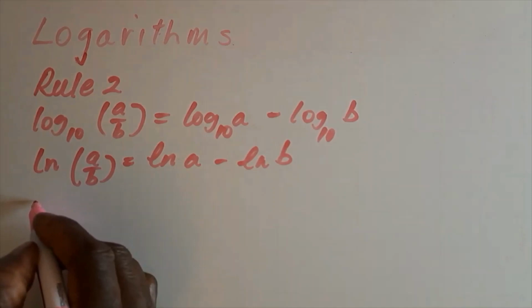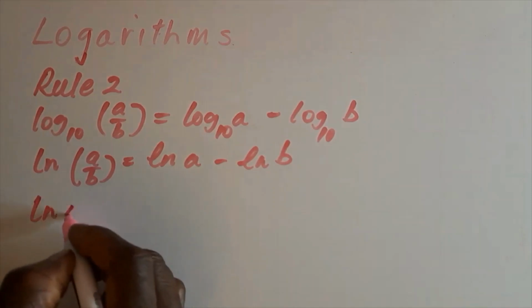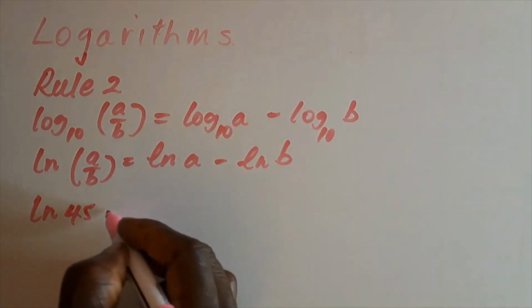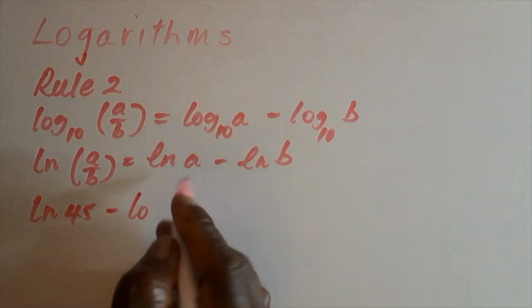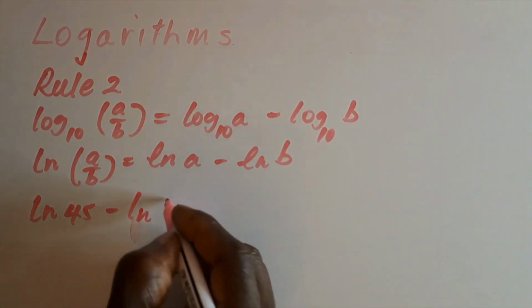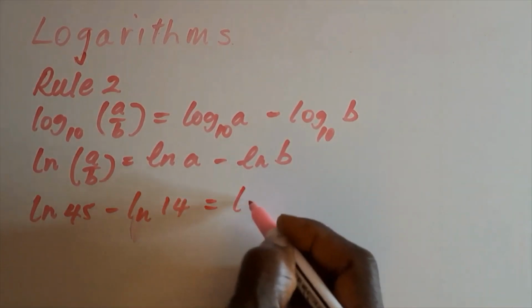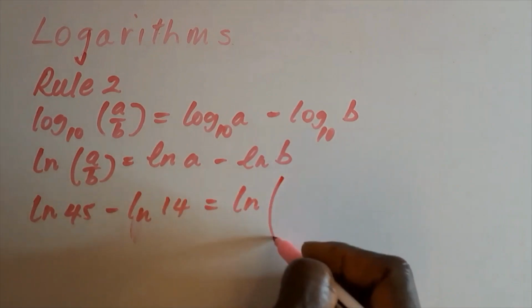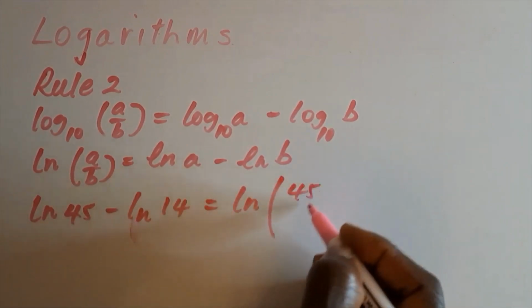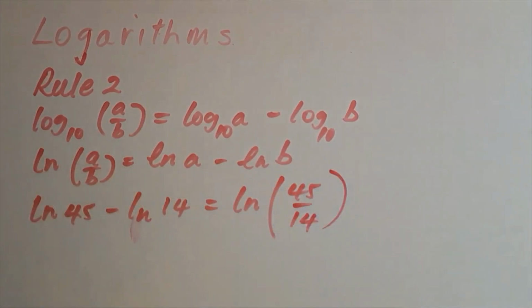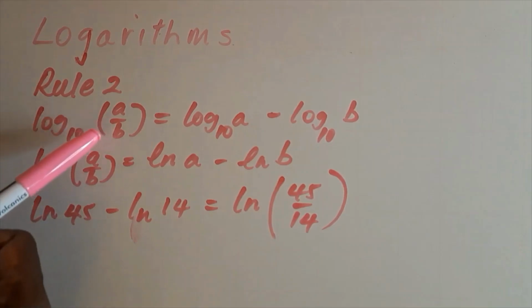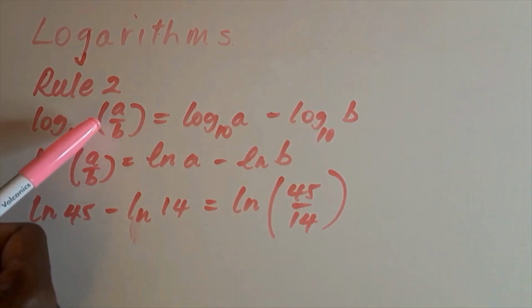Let's look at an example. We have ln 45 minus ln 14. We can write it as ln of brackets 45 divided by 14. So in words, we have the quotient or the division of one logarithm by another, or one value by another.